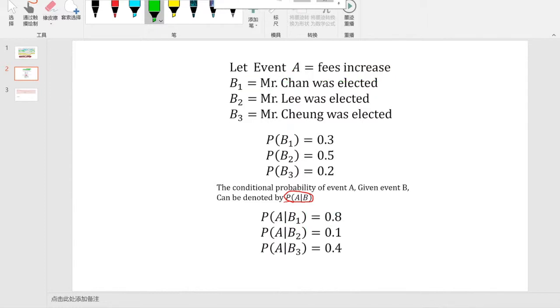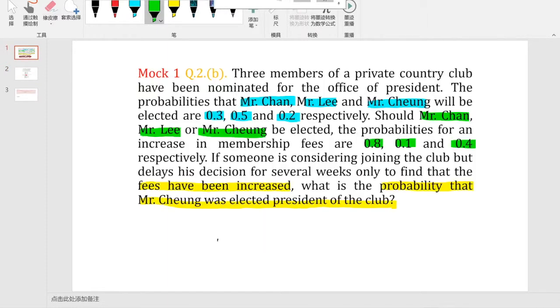From the question, the probability for event A given event B1 is 0.8, the probability for event A given event B2 is 0.1, and the probability for event A given event B3 is 0.4. So we turn to slide 1.